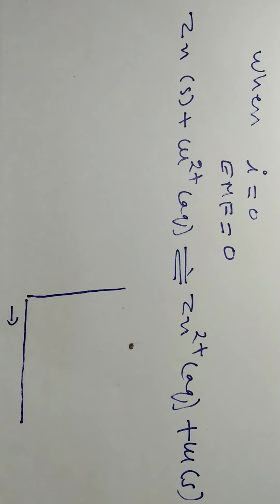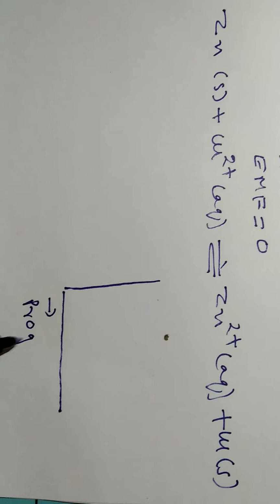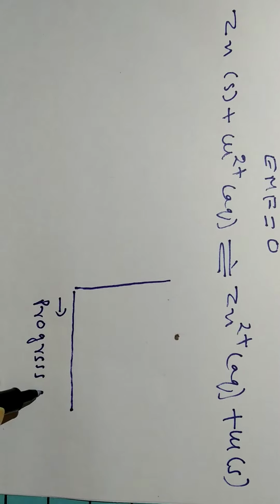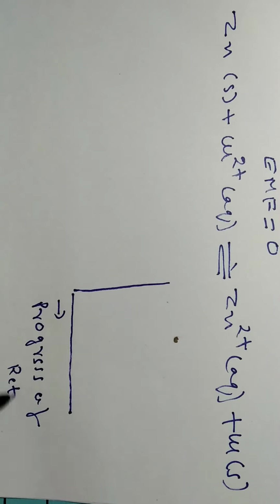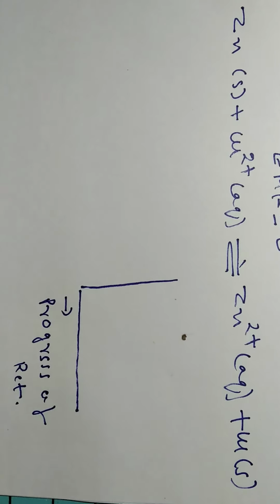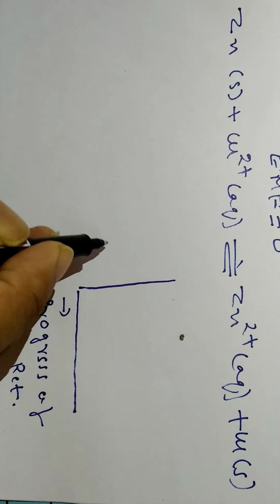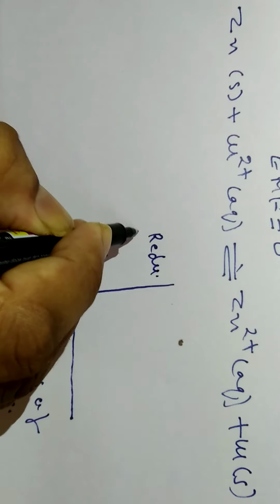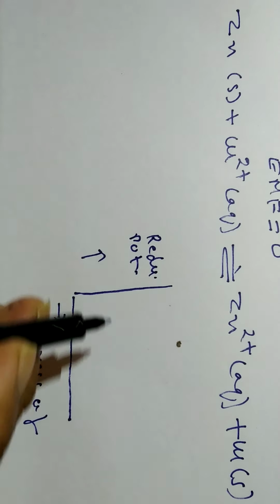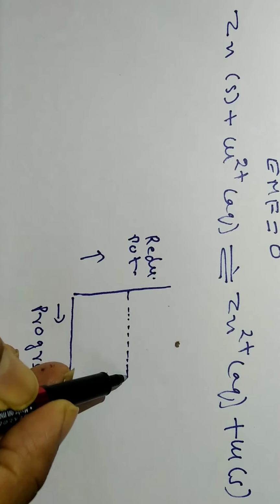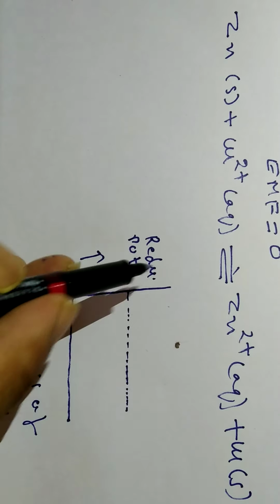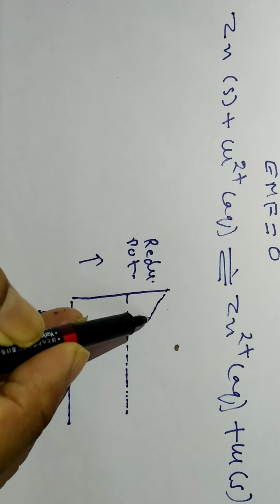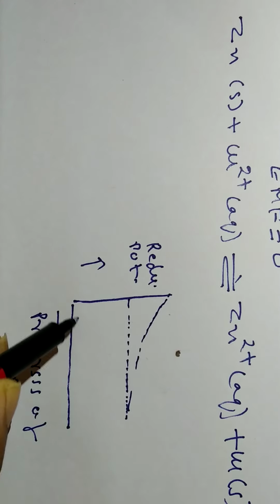This is the progress of reaction, and this is reduction potential. Okay, this line parallel to these two things I'm drawing here. You can see very well.